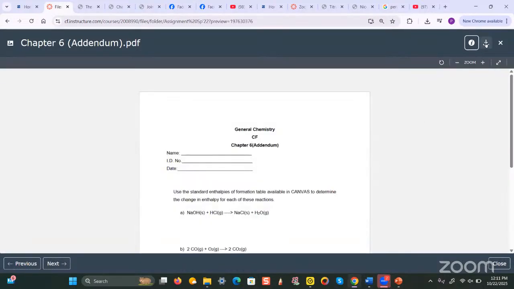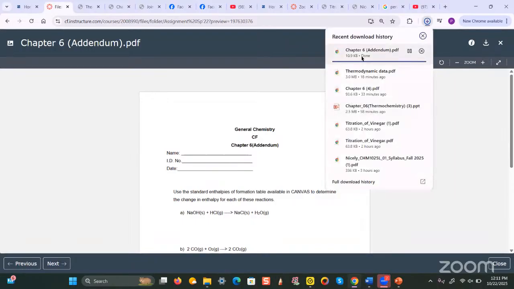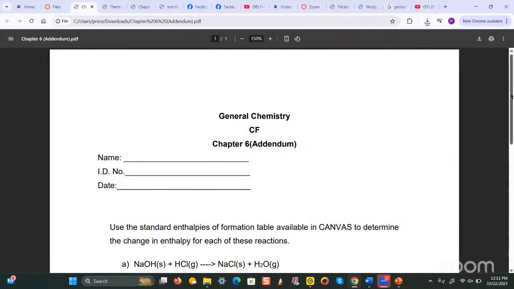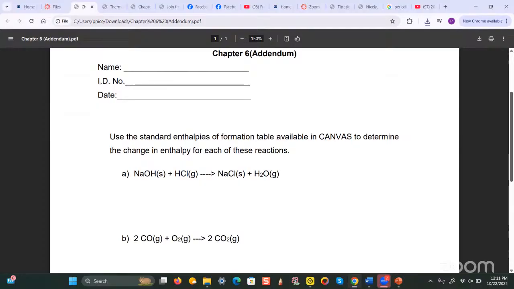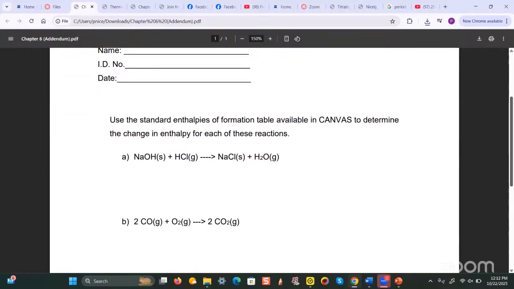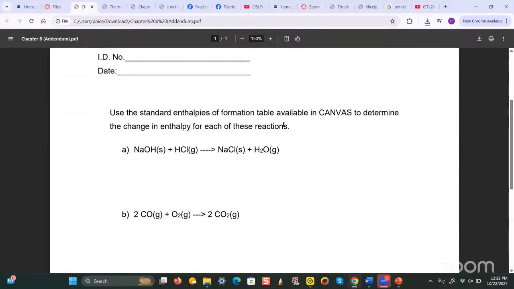Okay, so basically, what we just did is what these questions are all about. Go to the table and look up the standard enthalpy of formation for each of these compounds and find the difference between the sum of the enthalpy of formation of the products and the sum of the enthalpy of formation of reactants, and that's it.